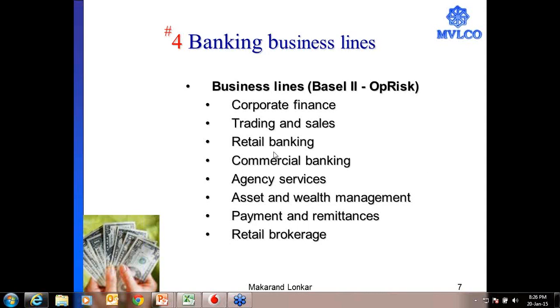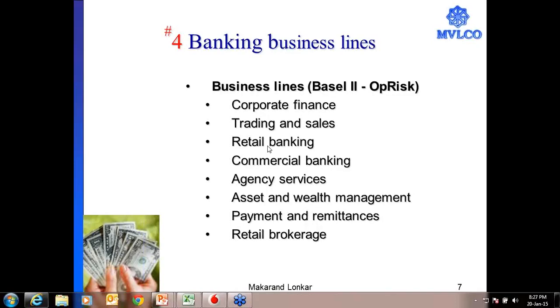Now an example of retail brokerage, Pratik. In India we have entities like ICICI Direct and Kotak. Before I say this, let me tell you one point: in India, and in many countries for that matter, retail brokerage is not permitted to banks. So in India you will not find a bank which is a broker, a member of a stock exchange.